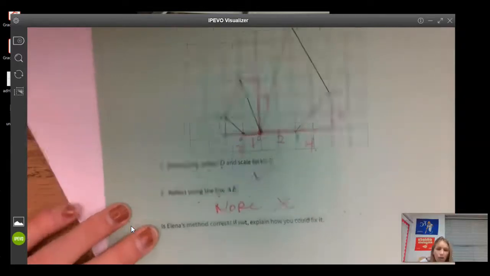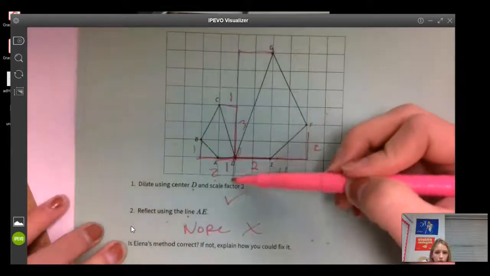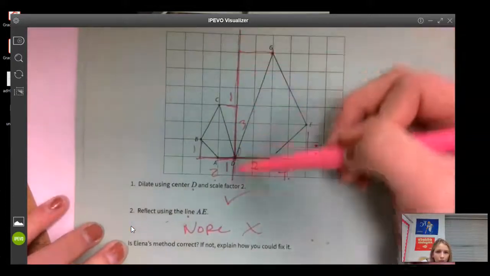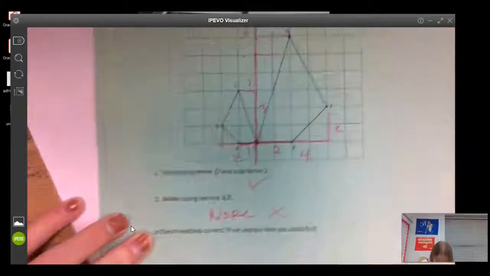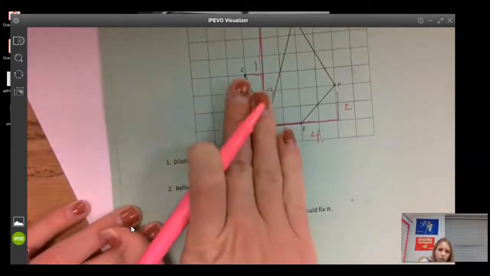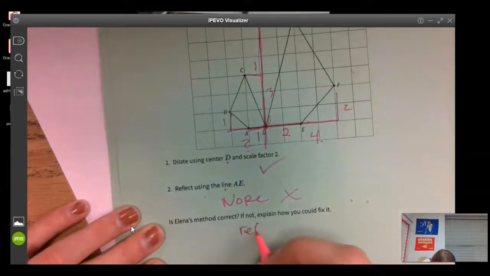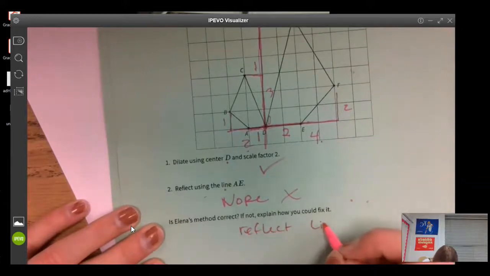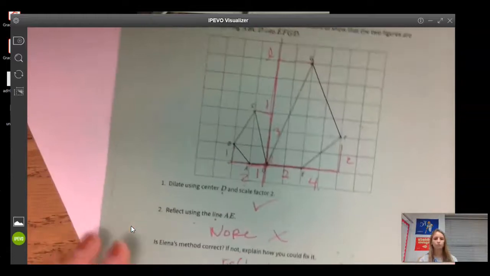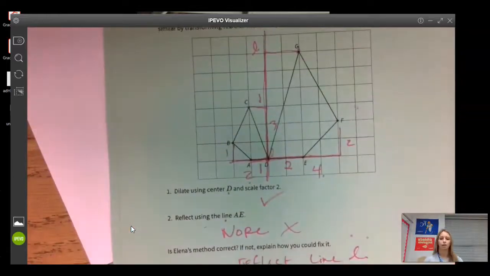Now how we could fix it is if we drew this line here and called that line L and said reflect over that line, because if we reflect over that line, then it would land on top. So as long as you have that it did not work because it flips the wrong way, then you're good.